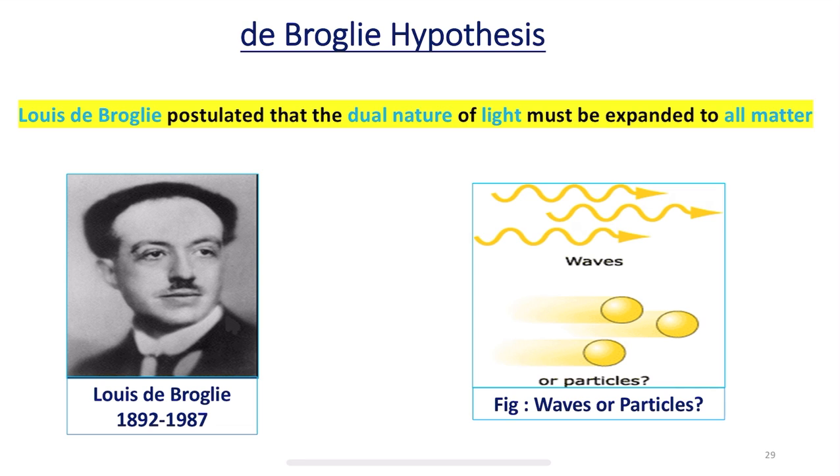Suppose theta equals 90 degrees, that means the angle between the incident and scattered ray is 90 degrees, then delta lambda equals 2.42 pm, that is picometer. And suppose the angle between the incident and scattered rays is 180 degrees, then delta lambda equals 0.048 Armstrong.